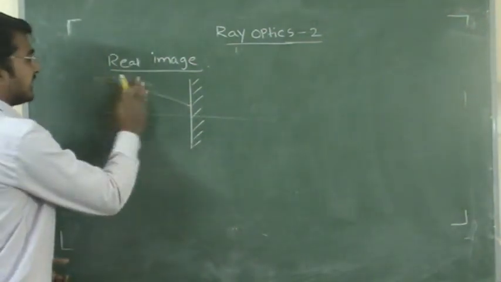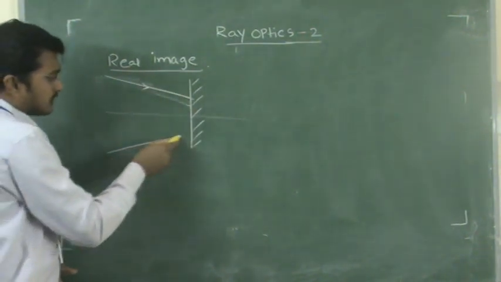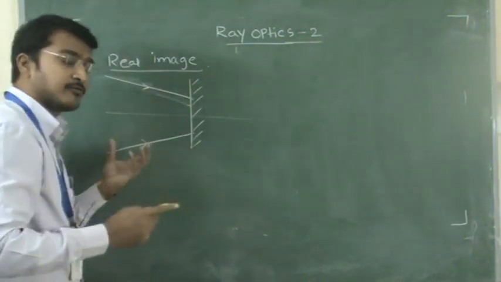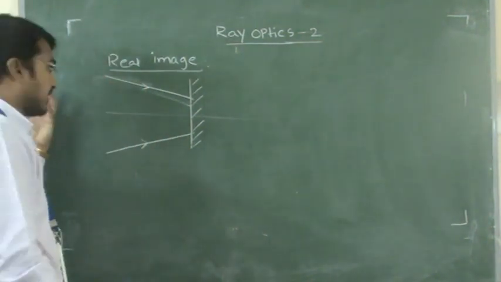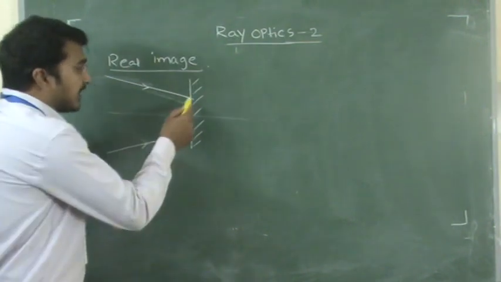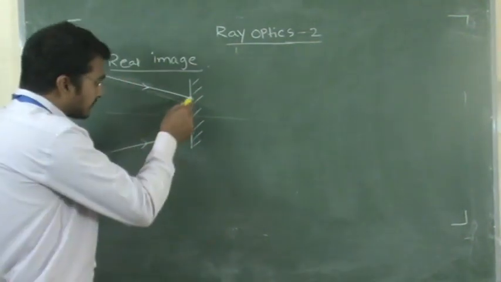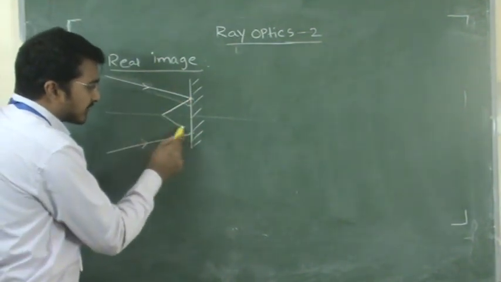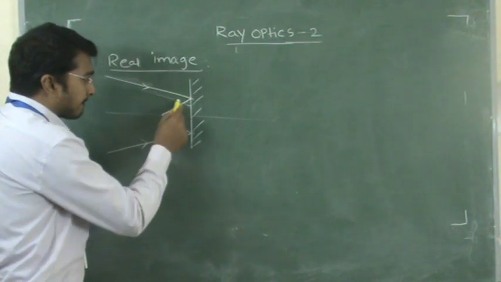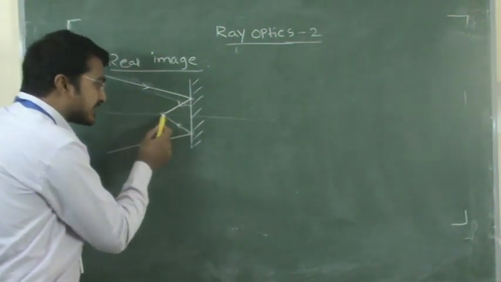One light ray is incident like this. These light rays are coming from the real object, which is at some distance. This light ray is incident here, and when it is incident on the mirror, it is reflected back. From here also it is reflected back. These reflected rays intersect at a point.